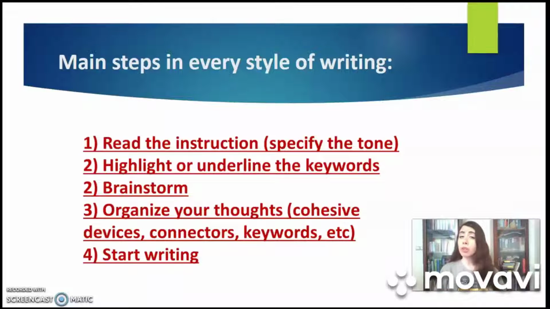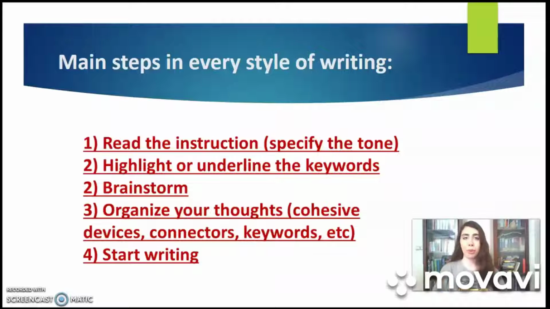Should you have a formal, informal, or semi-formal tone? After that, you need to highlight and underline the keywords. It means you read the instruction carefully and underline the important information that the question has asked you to cover, the bullet points and everything, which I'm going to talk about later.